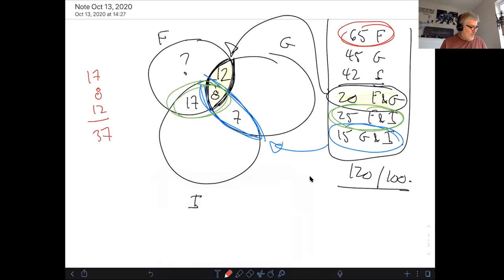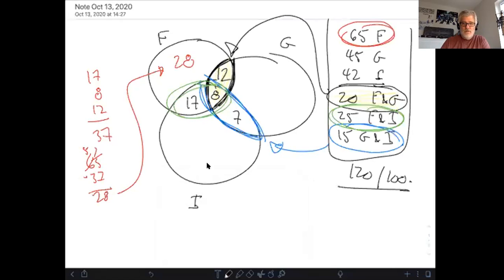And if I subtract 65 minus 37, that'll give me 28, unless I messed up. So that would be 28. Does that make sense? Hopefully it does. I might cheat. No, I'm not going to cheat. We'll see how it goes.